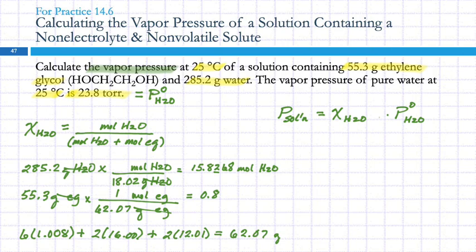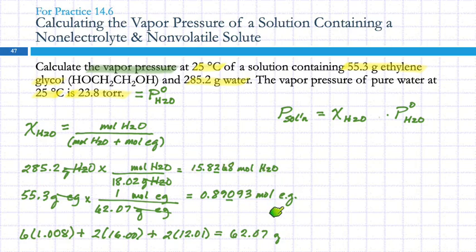That gives 0.8909 moles of ethylene glycol. I picked 3 sig figs here because the starting number had 3.